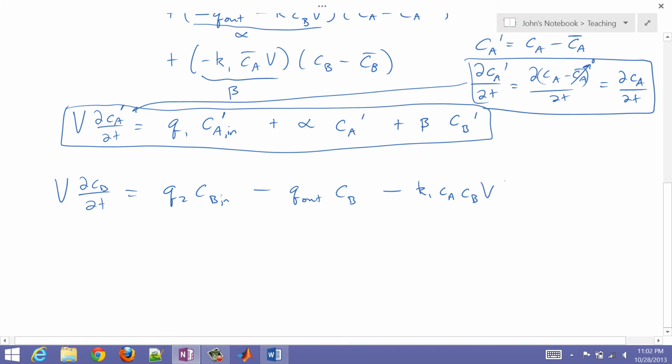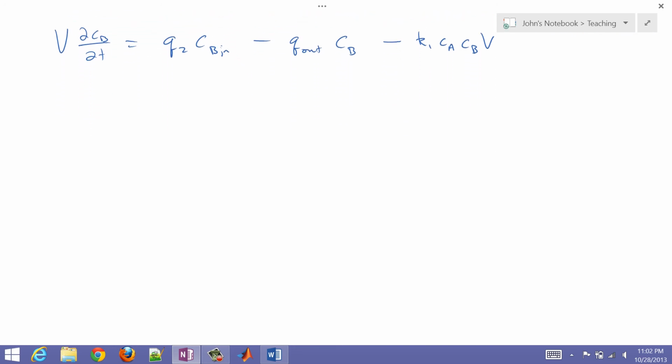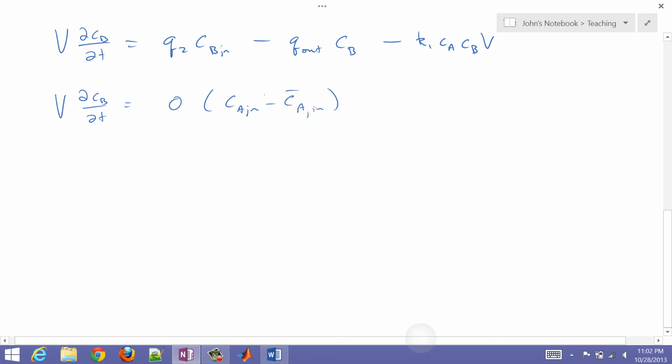Okay, so let's go ahead and do the same linearization that we did for A. So we take V dCB/dt equals, take the derivative with respect to CA in, and that's 0, times CA in minus CA in bar. So that term goes to 0. Then I have plus Q2 times CB in minus CB in bar.